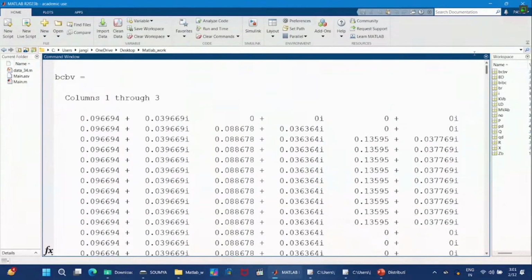We are getting the values for the BCBV matrix also. Now I will explain why I used the if and else statement over there. The if statement is for diagonal component calculation, and the else is mainly for off-diagonal component calculation. This matrix calculation part we have carried out over there.